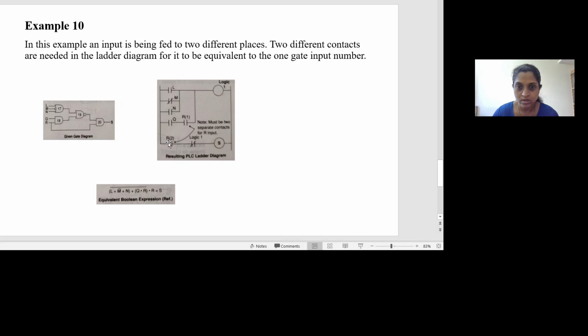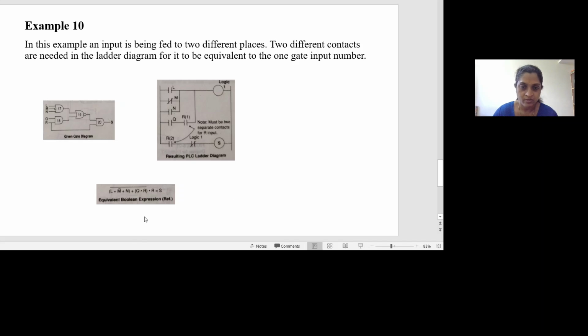So you could see here, I have taken a contact whose name is R, and you have the logic 1 contact. And because this is bubbled or inverted, it is taken as the normally closed contact here. So these two contacts are in series, which represents the AND gate 20. And the output of the AND gate is Y. So this will energize the coil Y.